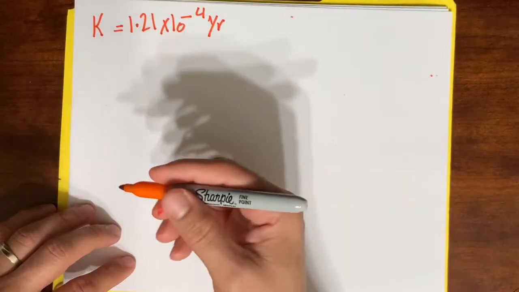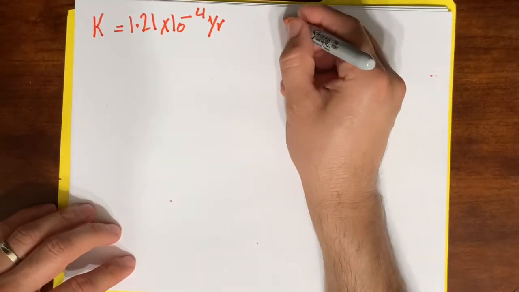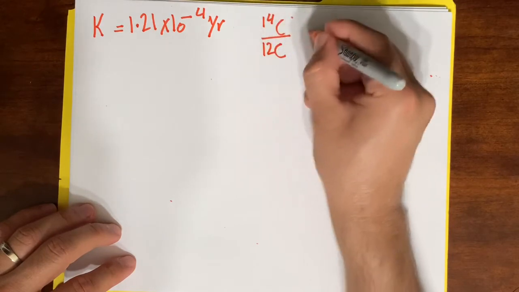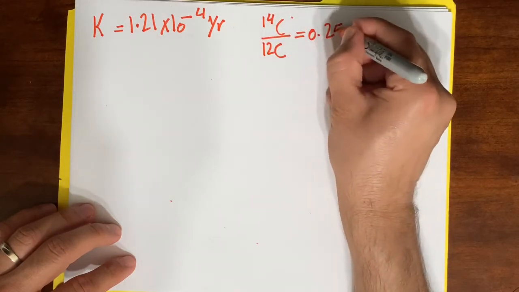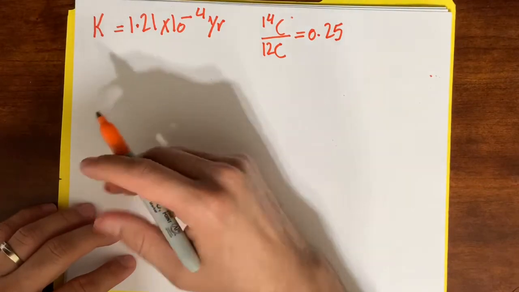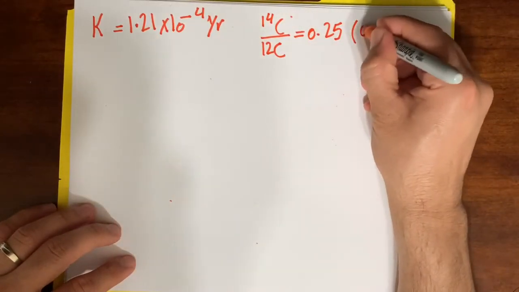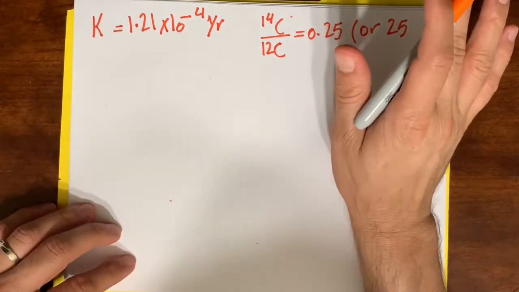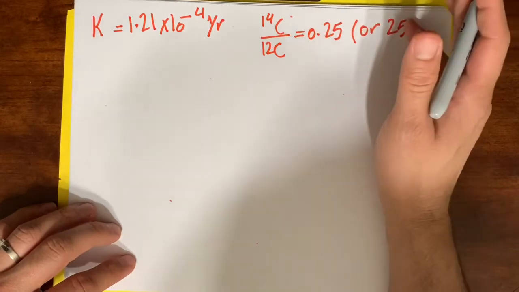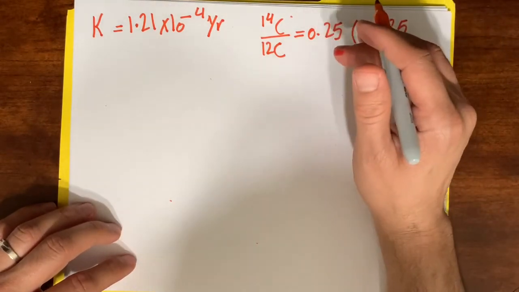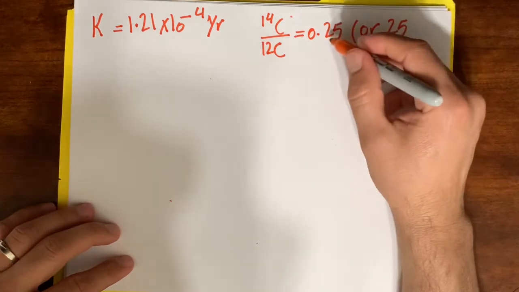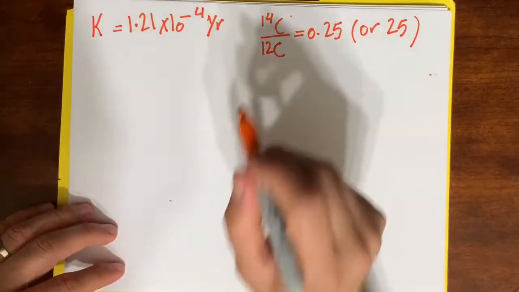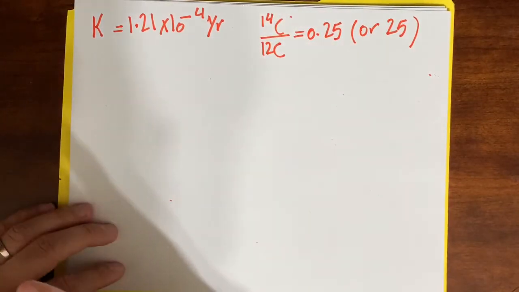Okay. They are telling us the ratio of carbon 14 over carbon 12 is equal to 0.25, or you can say 25%. Okay, 25%. So we can go with either one. And again, carbon 12 is stable.